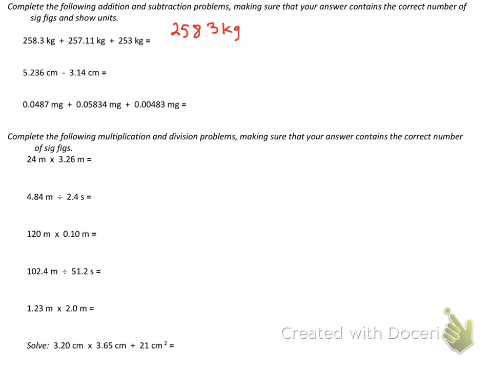Okay, and I'm going to add, let me make this a little bit smaller. Make my column over here. So I have 258.3 kilograms plus I'm going to add 257.11 and 253.